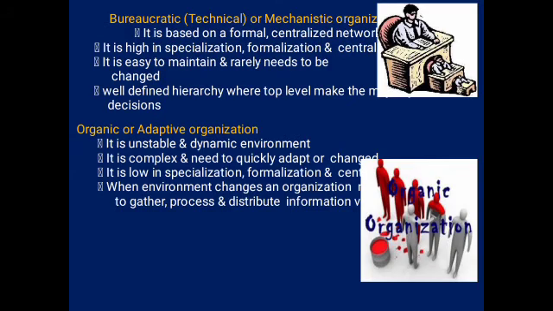That is the informal organization we discussed, and it comes under this organic or adaptive organization. It is complex and needs to quickly adapt to the changing environment. This is mostly expected to be adopted in a changing environment. It is low in specialization, formalization and centralization.